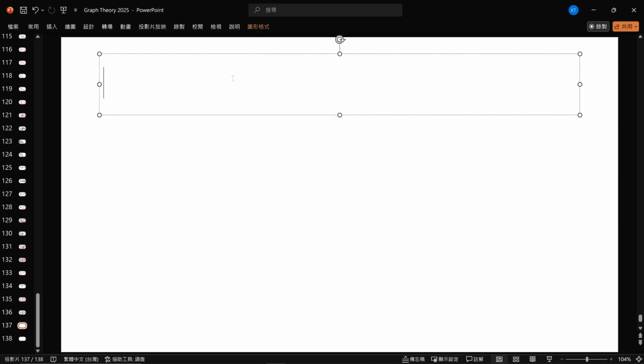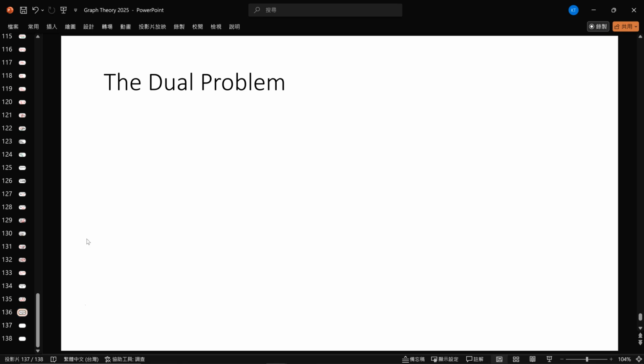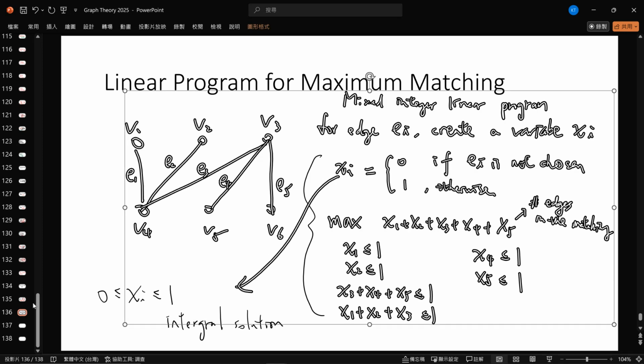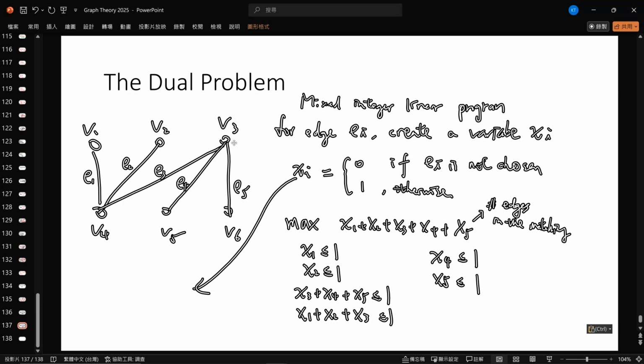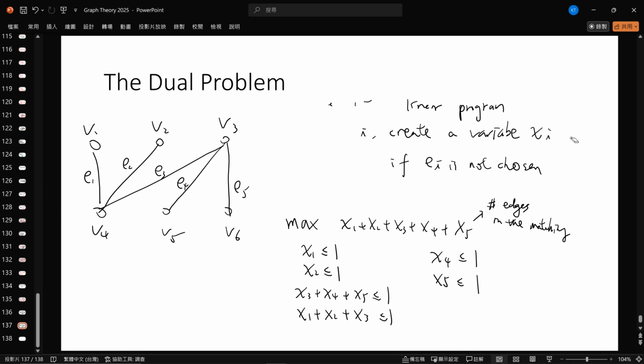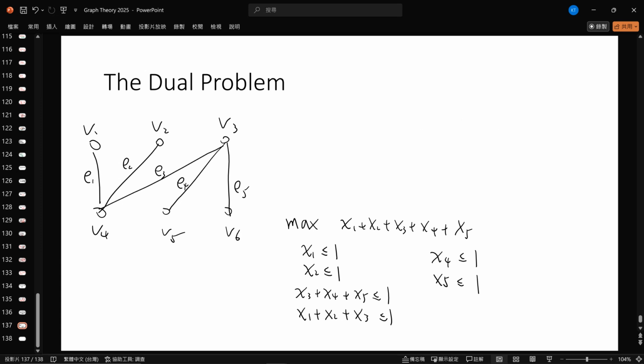Okay, so let's find the corresponding dual problem. Let's just focus on the constraints and objective function.